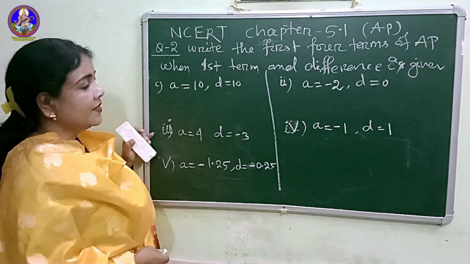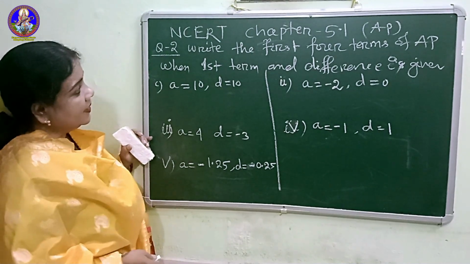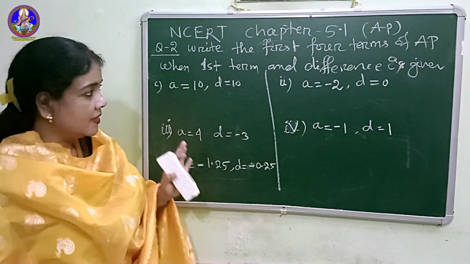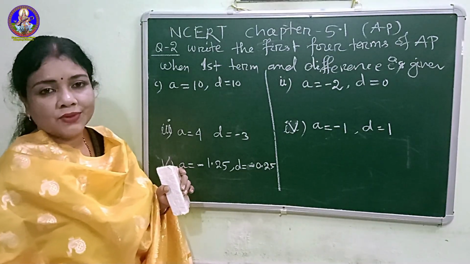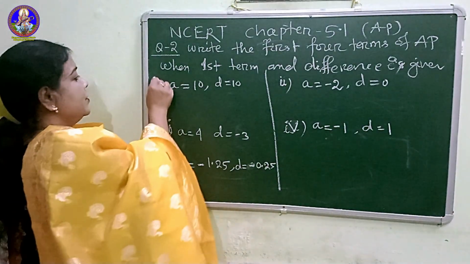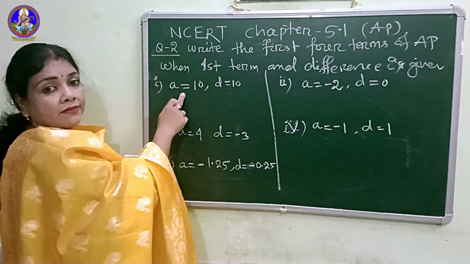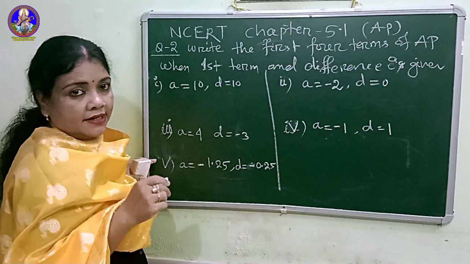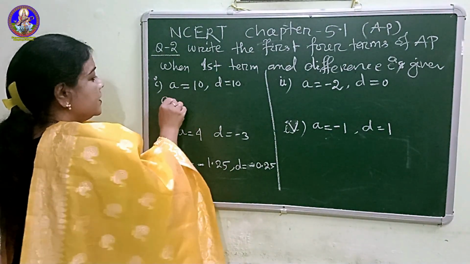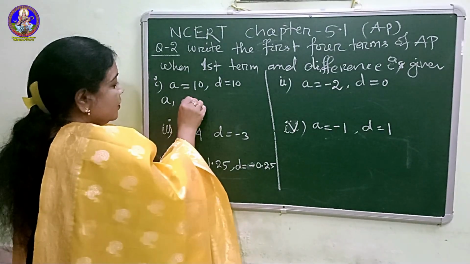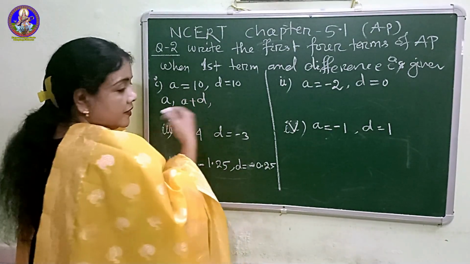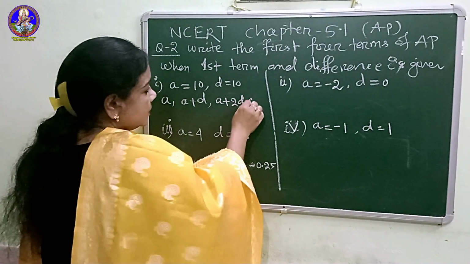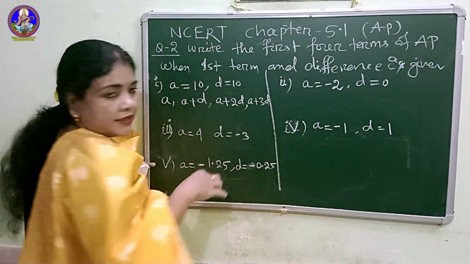Let us solve question number 2. Here it is given the first term and common difference, and we have to find the next 4 terms. For question 2i, the first term is given 10 and the common difference is given 10. So the first term is a, the second term will be a plus d, the third term will be a plus 2d, and the fourth term will be a plus 3d.